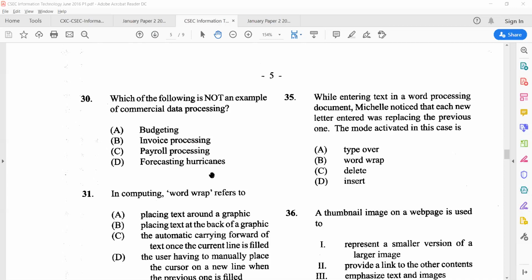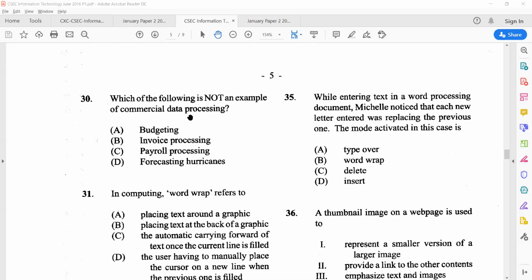Okay, which of the following is not an example of commercial data processing? So we have budgeting, we have invoice processing, payroll processing, and forecasting hurricane. And you want to know what is not an example of commercial data processing.